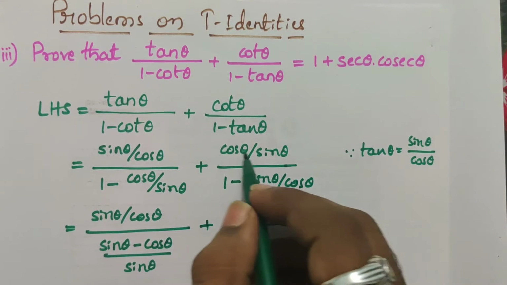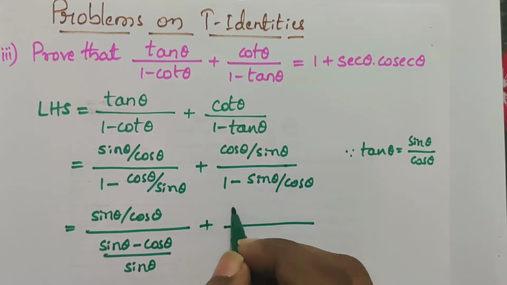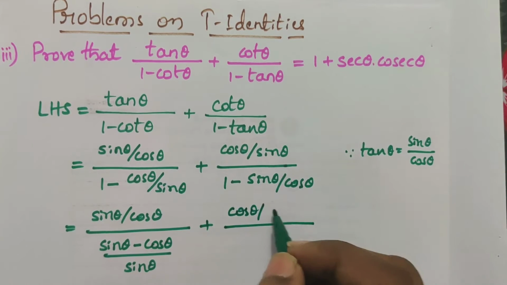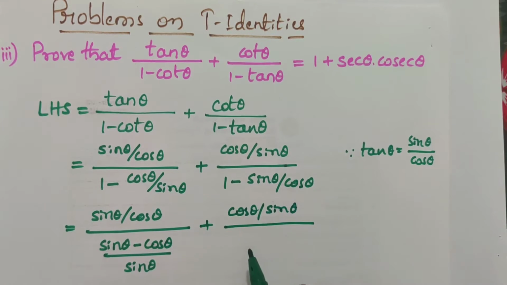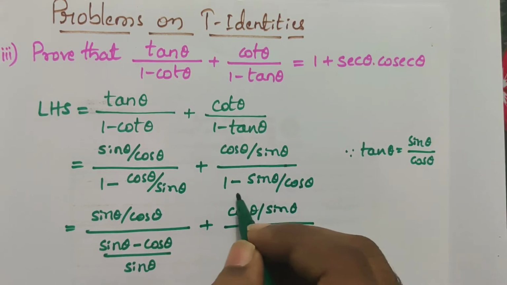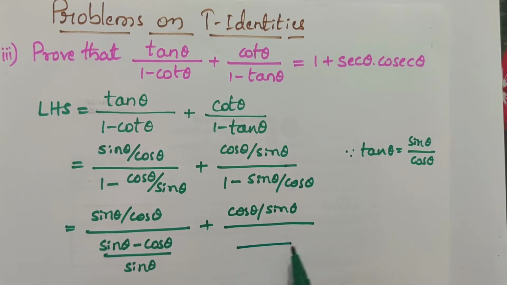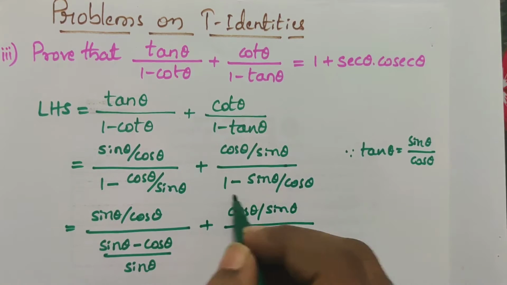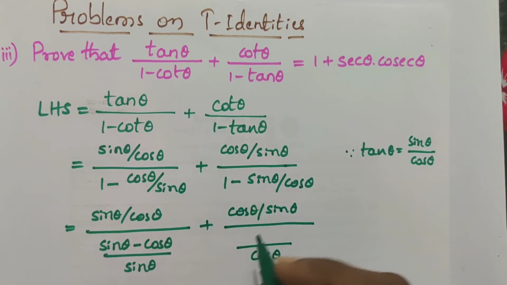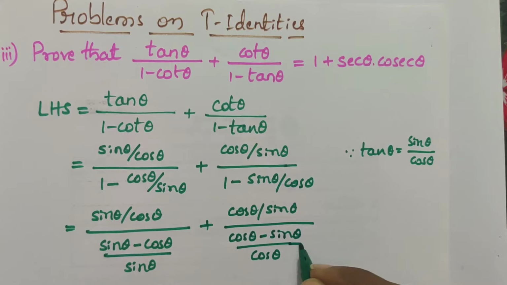For this one again we keep the numerator as it is, cos theta by sine theta. In the denominator, once again if we take the LCM, here it is 1 by 1, it is sine by cos, so the LCM is cos theta.